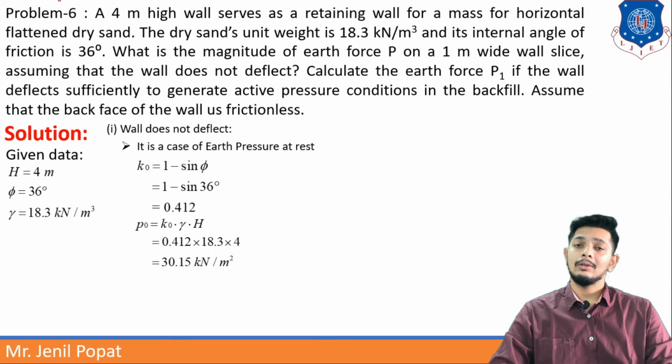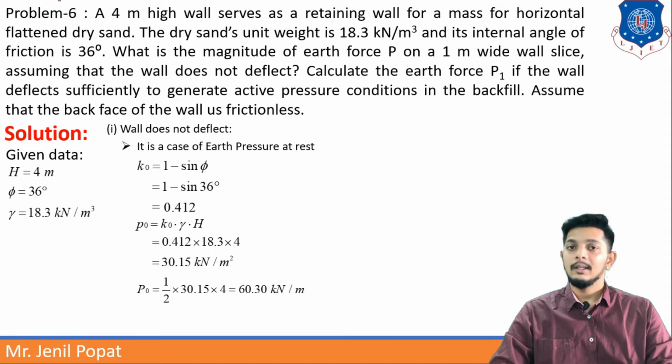Now if I want to convert this into pressure force, taking it as an earth pressure force, then we have to multiply it with 1/2 base into height, and the base will be our pressure and the height is given already as 4 meter.